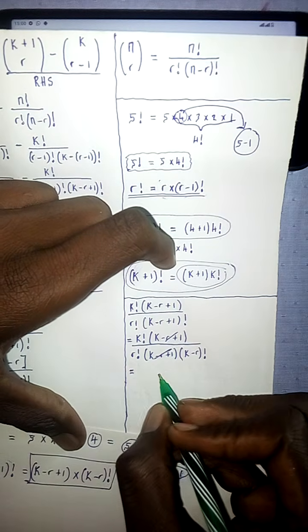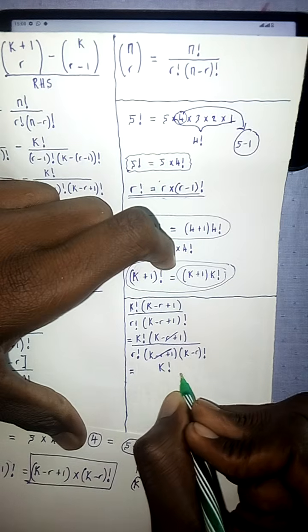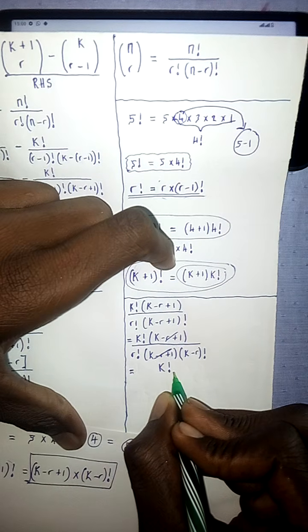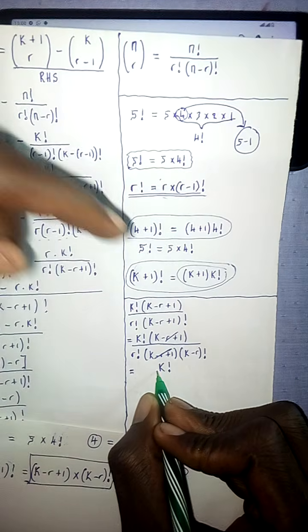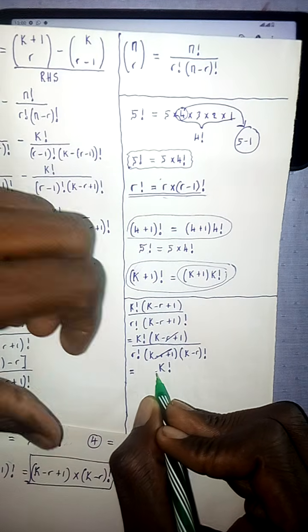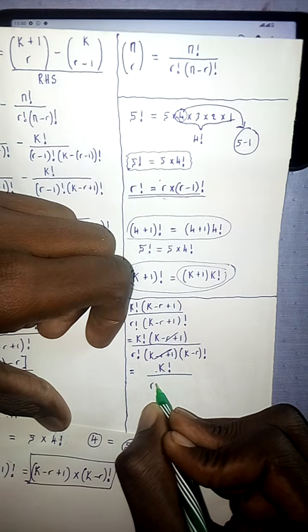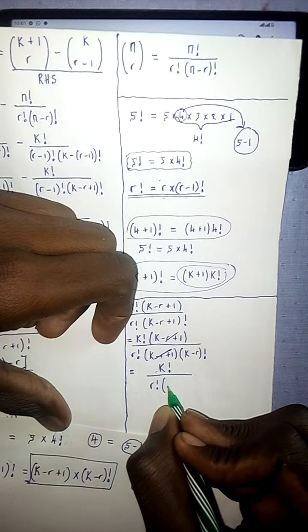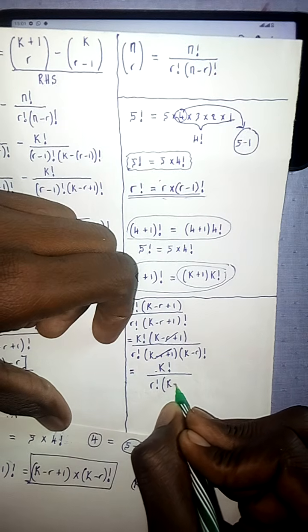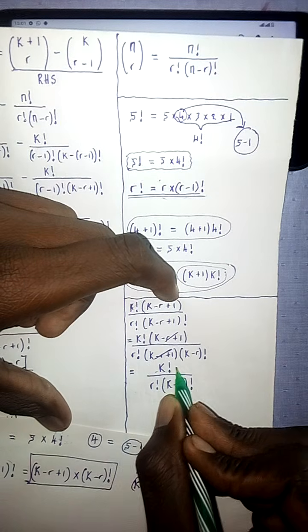Okay, that is over. So we have this over r factorial. Then we have k minus r factorial.